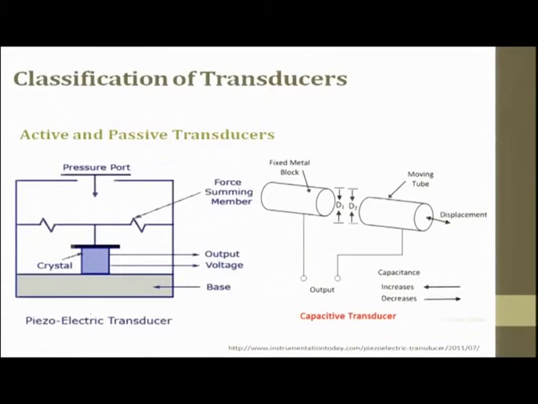So, this is how a typical active and a passive transducer look. In the active transducer, you have a pressure port. When a pressure comes and hits, it tries to push the diaphragm, or force summing member.